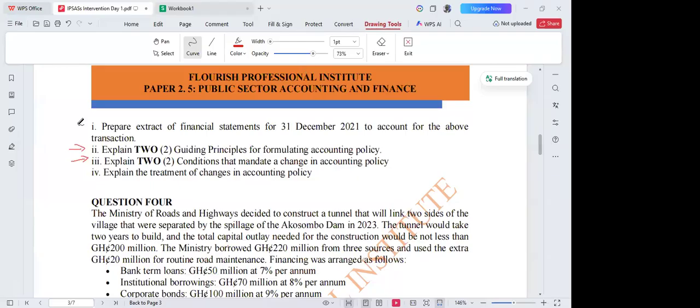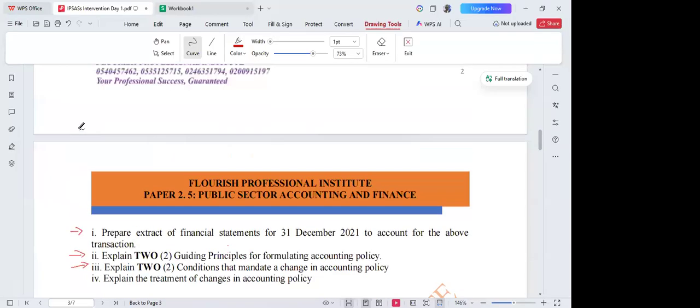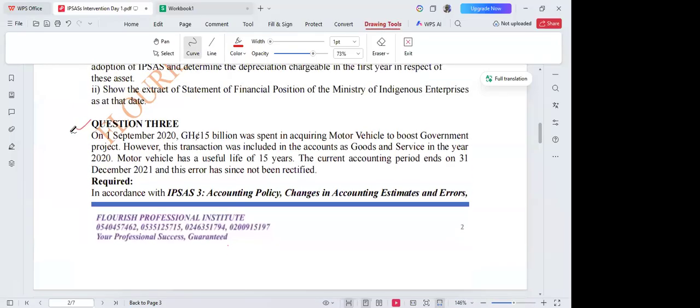Let's come to I. I says we should prepare extracts for a financial statement to account for the above. So let's check the type that we have in this question. Is it a change in accounting policy, a change in accounting estimate, or is it an error?